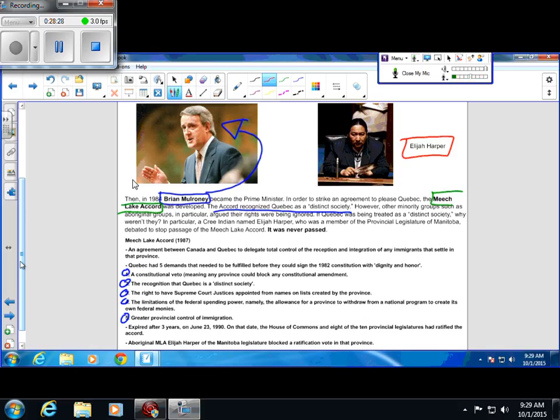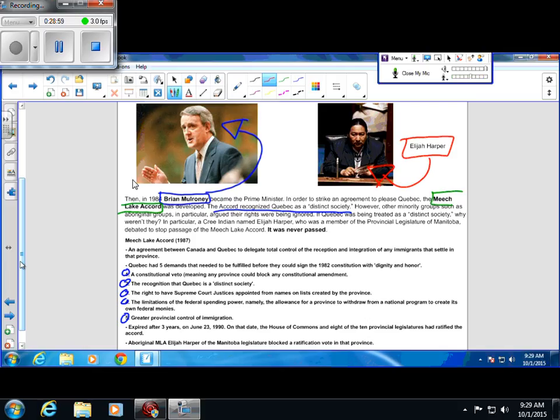So basically what happened with the Meech Lake Accord was that Elijah Harper, this fellow right here, he did great things for us. Basically what he did was he said, hey, if Quebec was going to be treated as a distinct society, why can't we? Why can't we, in terms of First Nation, Indigenous, Aboriginal people, be recognized as our own distinct society as well?